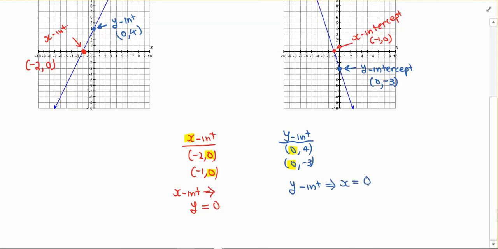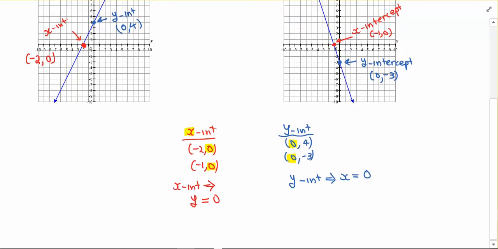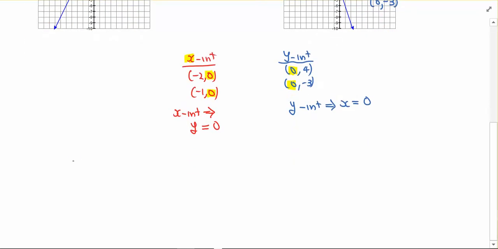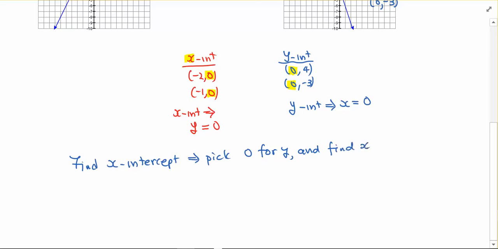Now, why is that a big deal? Well, remember how we're going to find points. We pick either the x or the y, and we find the other one. So if someone says find the x-intercept, we'll make sure to pick 0 for y and find x.